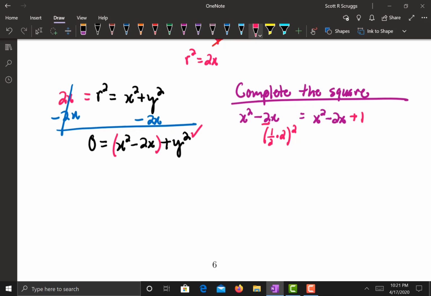And the reason why is I can rewrite that as x minus 1/2 of that coefficient, all of that squared. But to maintain equality, because I added that new number 1, I have to also subtract by that new number.